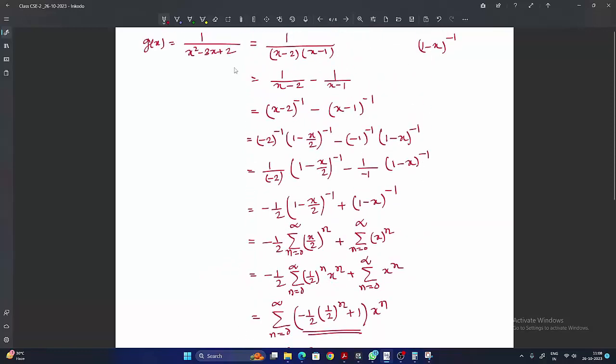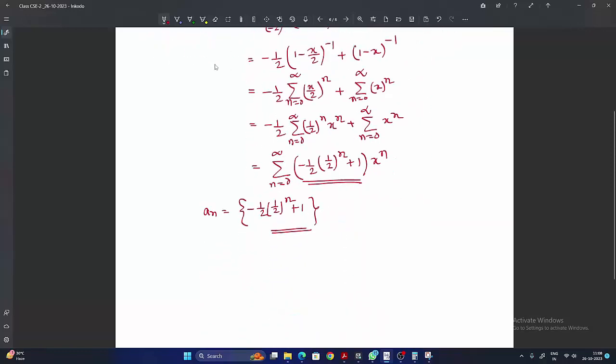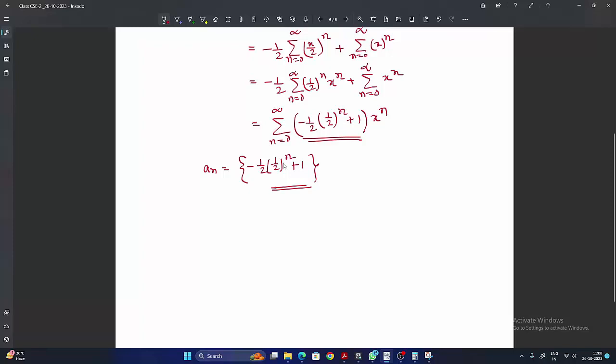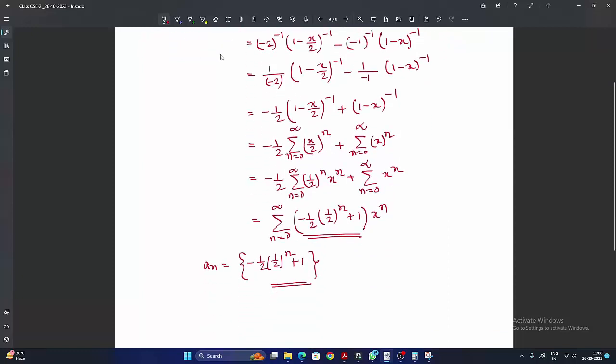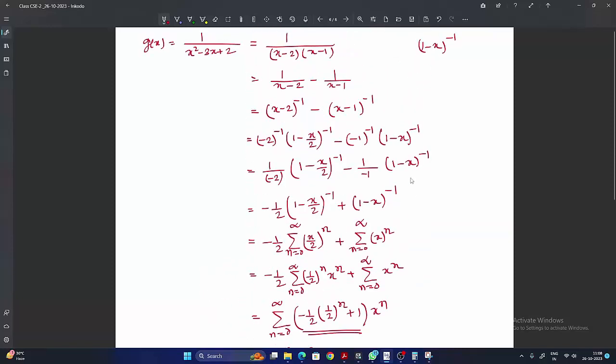So for this function, this is the sequence. That means this sequence actually generates that function in the series form. Okay, so that's why we need some formulas to remember, and then you need to know the partial factorization method very well, so that you can actually do that math.